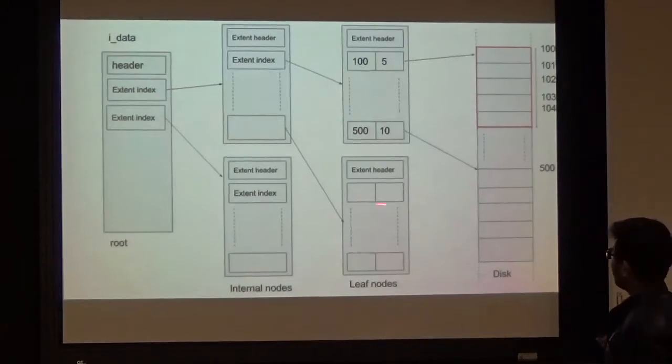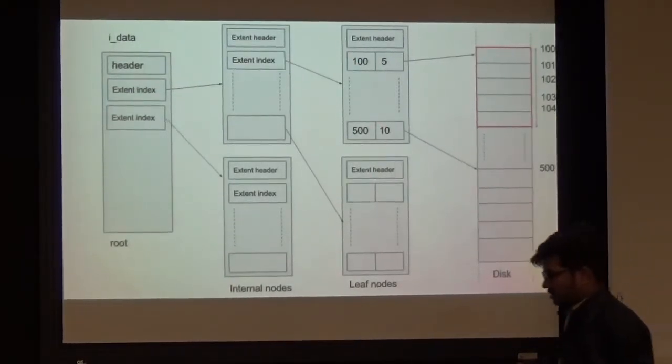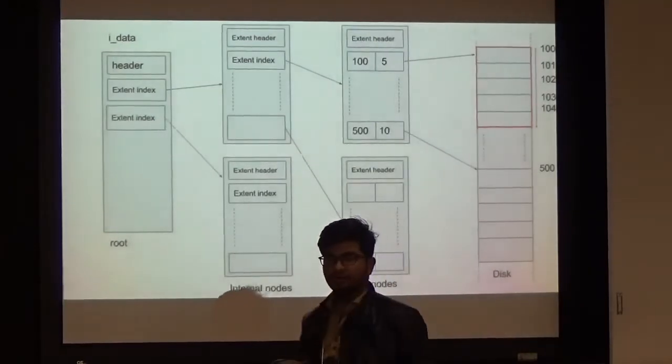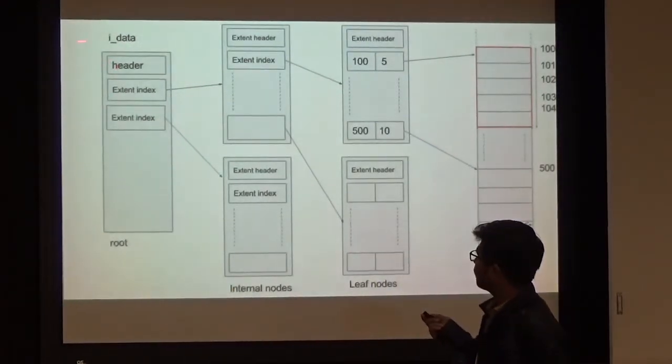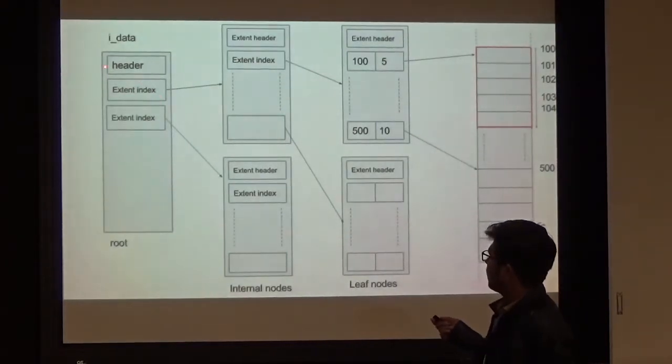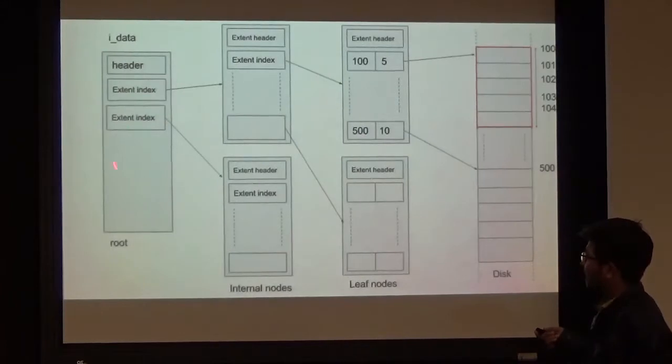For a lookup operation to get the file data blocks, we basically start from here. This is the root. The header will tell how many structures we have here, basically how many pointers we have here.